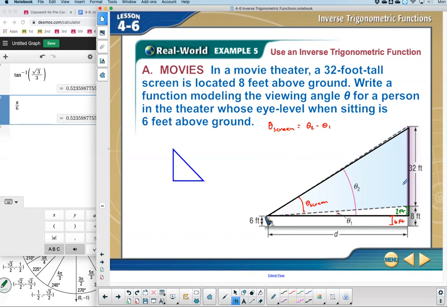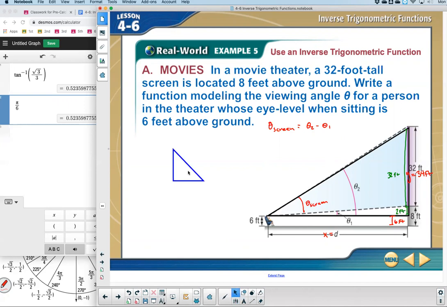And this part is 32 feet. Which means the y in its entirety is going to be 32 plus 2. So this y value, I'm going to write in red, is going to be 34 feet. That's the y of this triangle. It tells us the x value is d.